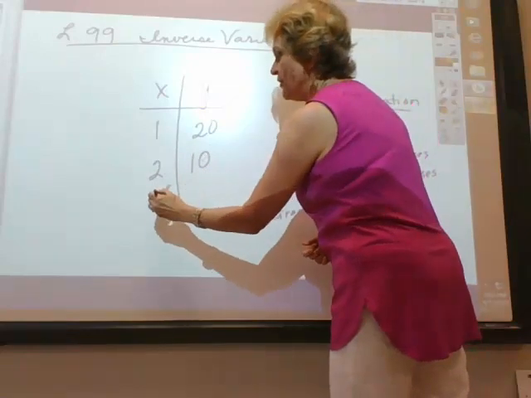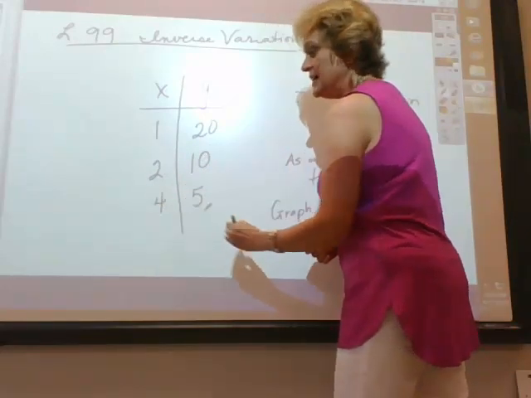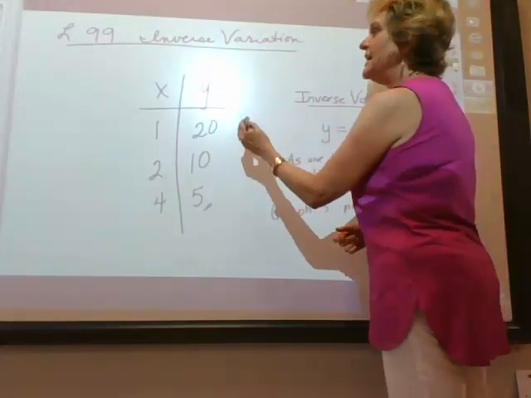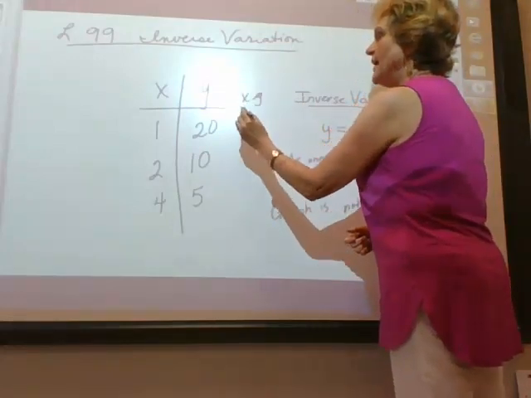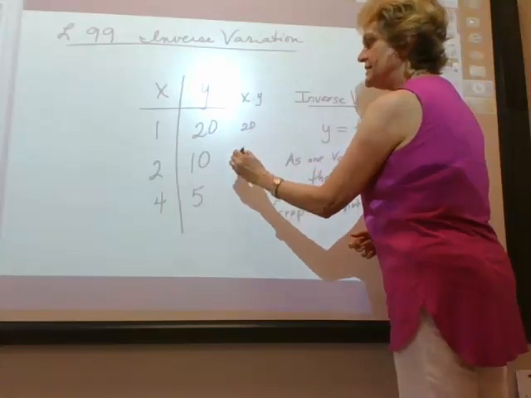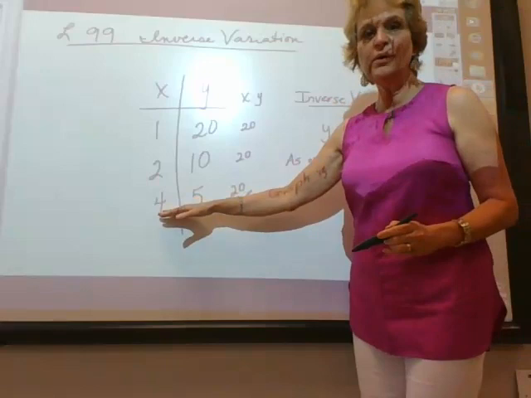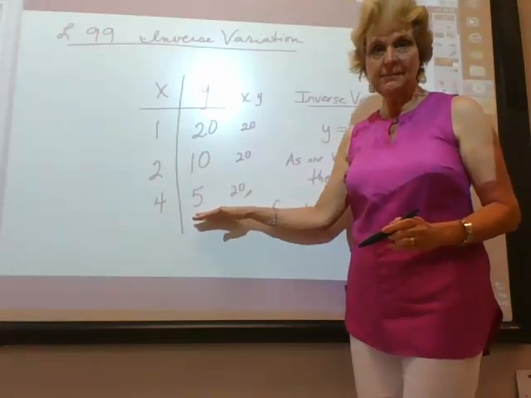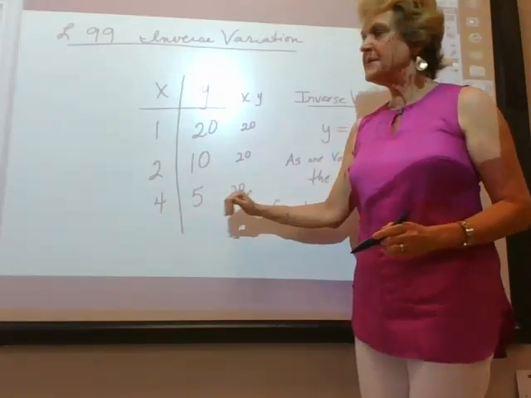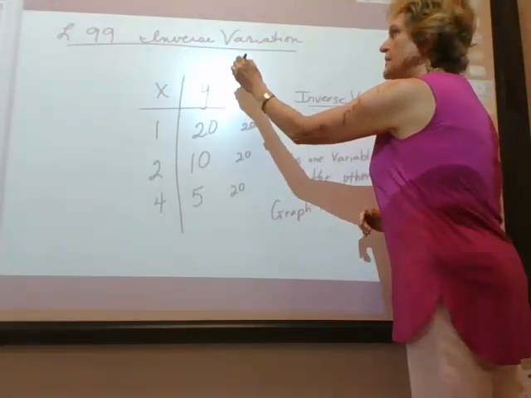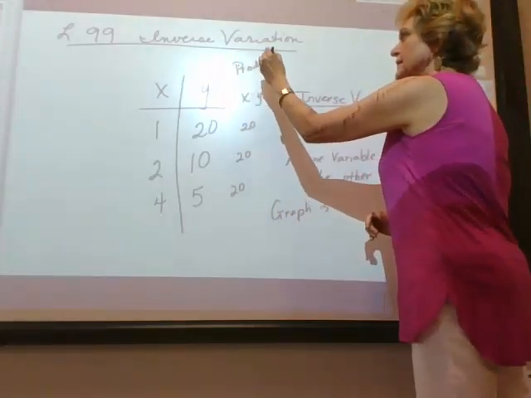If there are 4 workers, it takes 5 hours, all right? So you get the idea? And so x times y is going to be a constant here. The more workers, the less time. Does that make sense? All right. So xy, the product, will be constant.